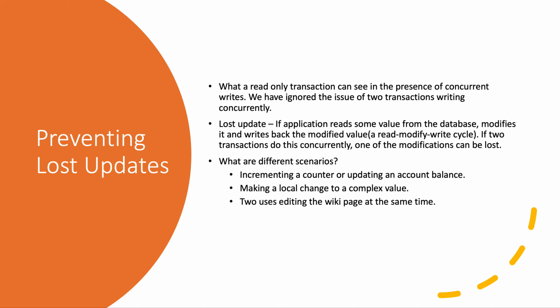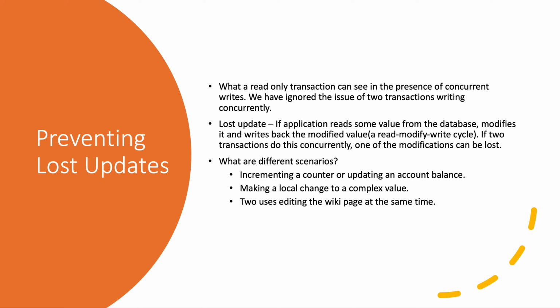Transaction T1 first reads the value and updates it, but hasn't written the modified value back into the database, and at the same time transaction T2 comes and also reads the value. Since T1 has not committed yet, T2 reads the previous value only. Then, before T2 updates, T1 commits the value, and now T2 also commits its value. It means that any update made by transaction T1 is lost.